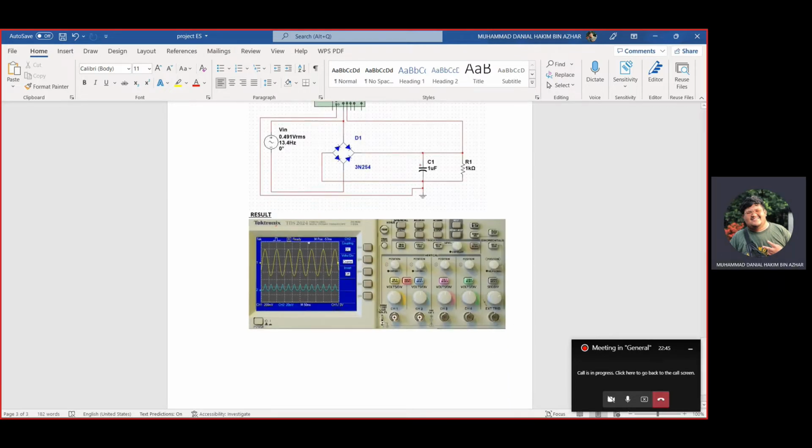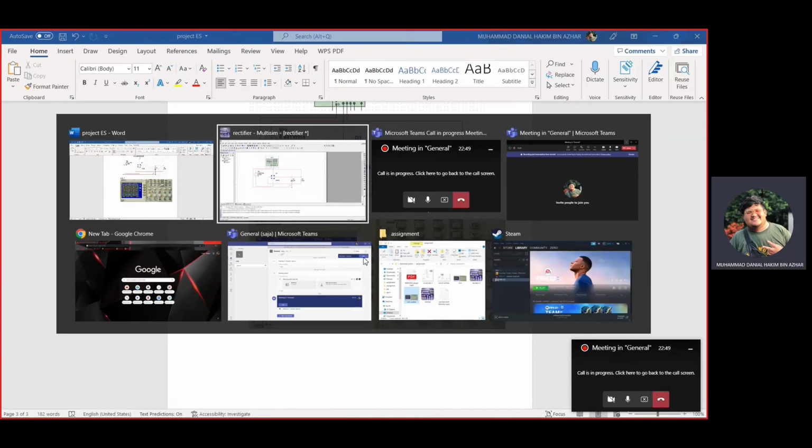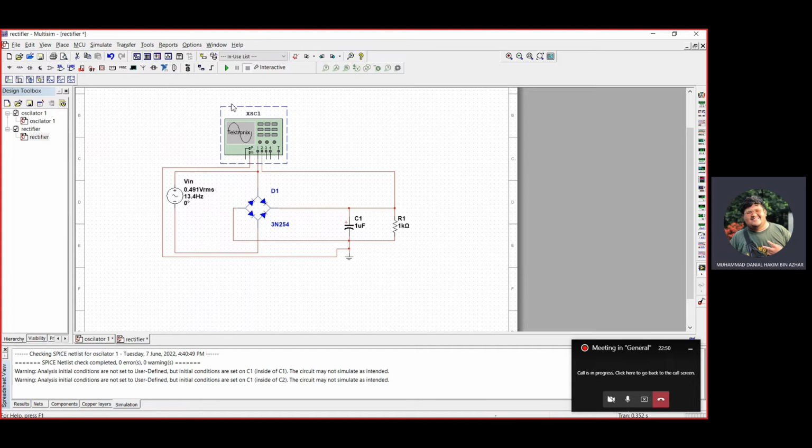I will show you the Multisim. And this is the Multisim. As you can see, this is the full bridge rectifier. This is C1 and this is R1. For the power supply, I have set the VRMS like in the calculation.